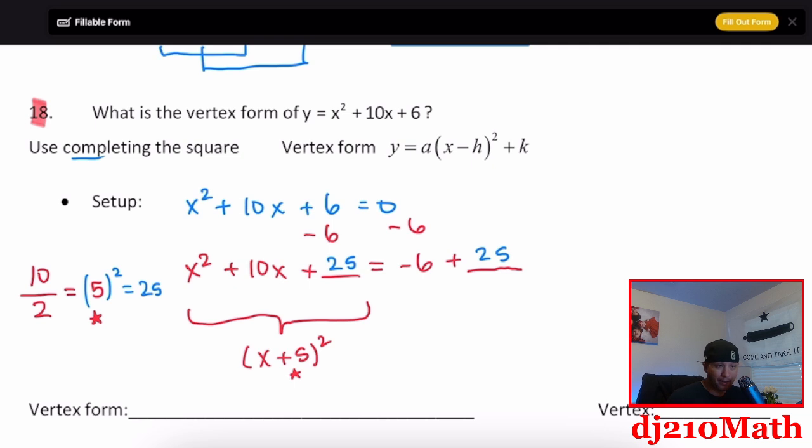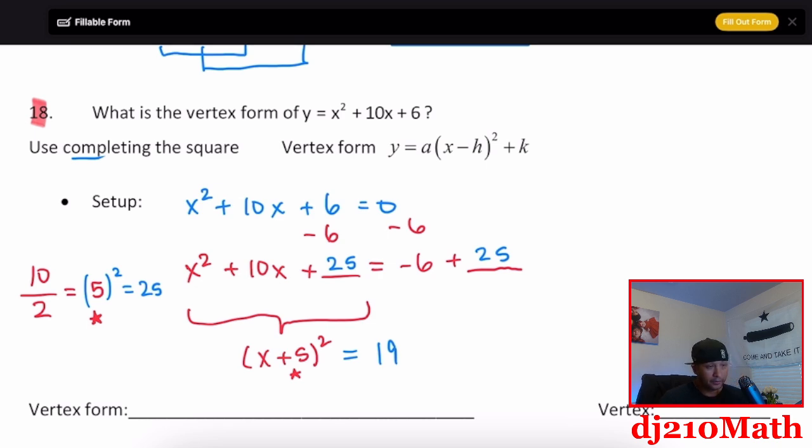If you were to expand x plus 5 squared out, x plus 5 times x plus 5, you would get x squared plus 10x plus 25. It just works out that way. On the right-hand side, -6 plus 25 is 19.